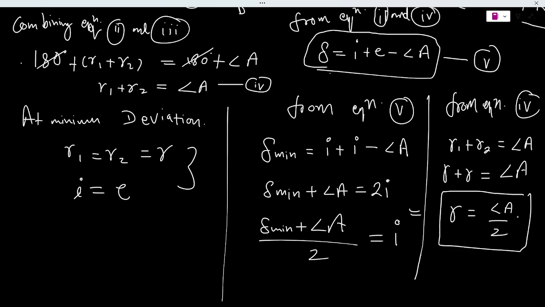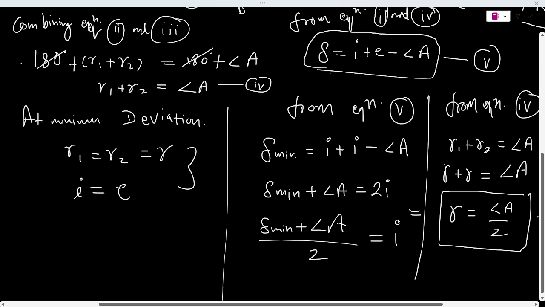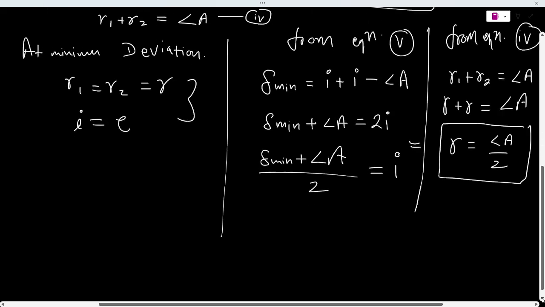Now we have to find the relation between the refractive index and minimum deviation. We know that we can use Snell's law.